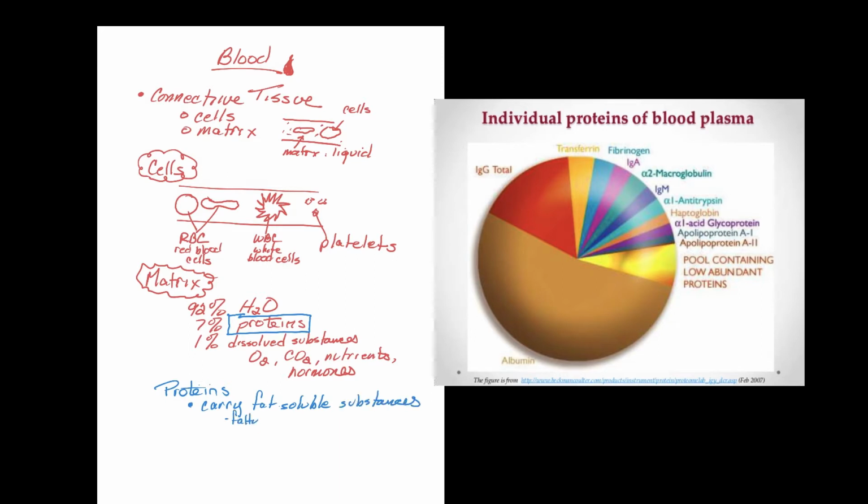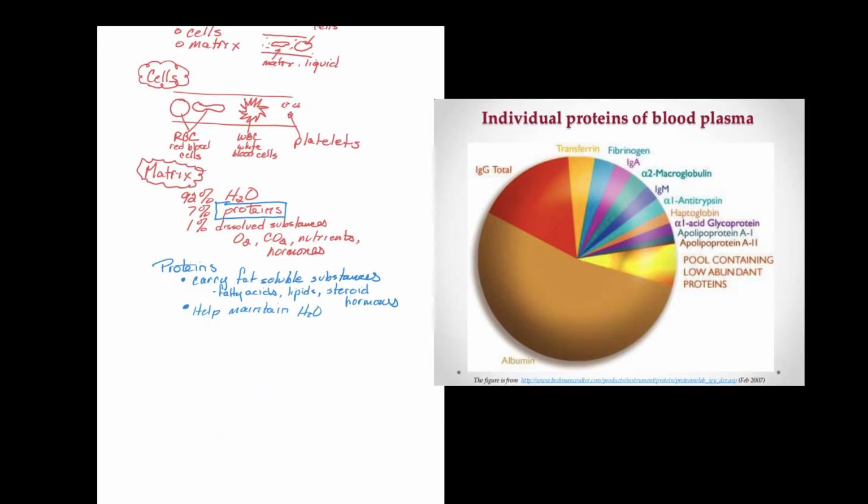So the three that are mentioned are the big three. It makes sense that some of them would carry fat-based materials through the blood, because the blood is mostly water, and fats don't dissolve in water, so they need the proteins to help them do that.